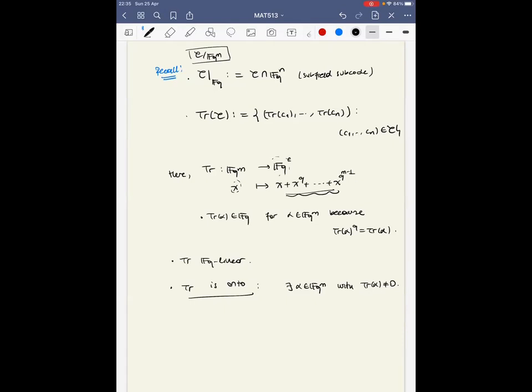And in order to see that, first, let me note that if trace of alpha is 0 for an alpha from F_q^m, by the definition of the trace, alpha is a root of a polynomial of degree q to the m minus 1.